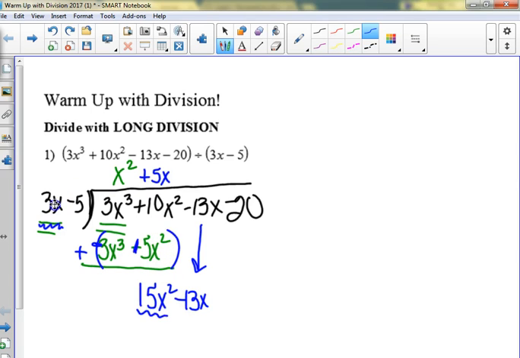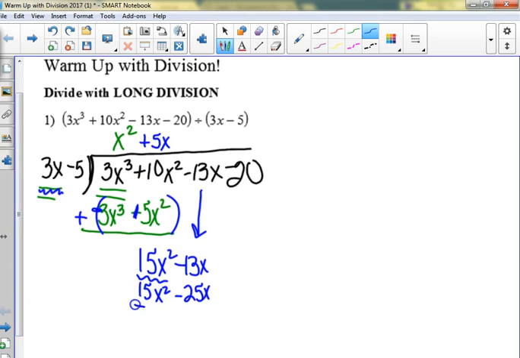So then 5x times 3x is 15x squared. But 5x times negative 5 is what? Negative 25x. Okay. We're going to subtract all of that, which I'm going to think of as adding the opposite.